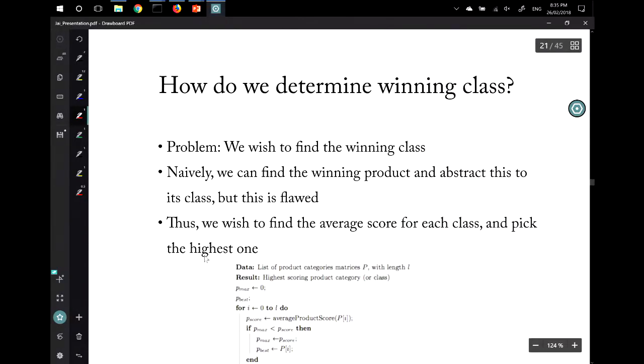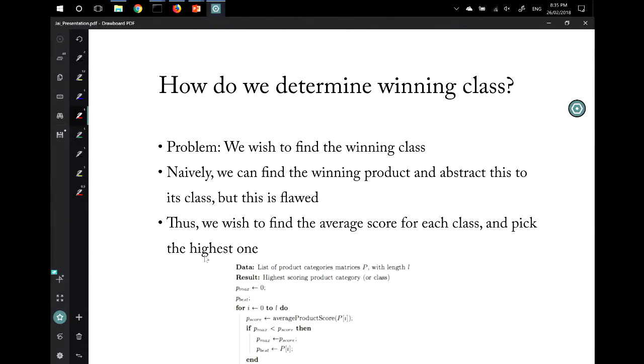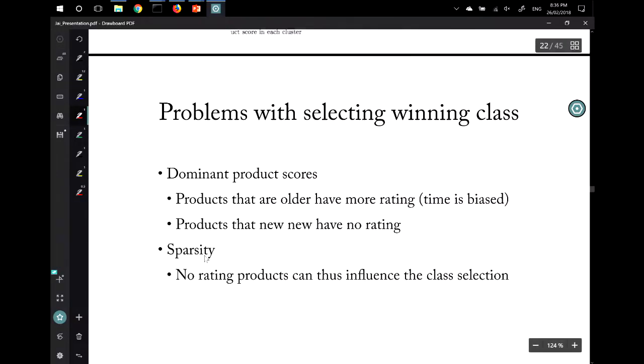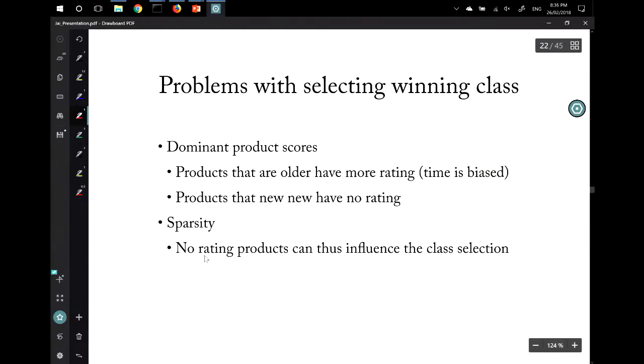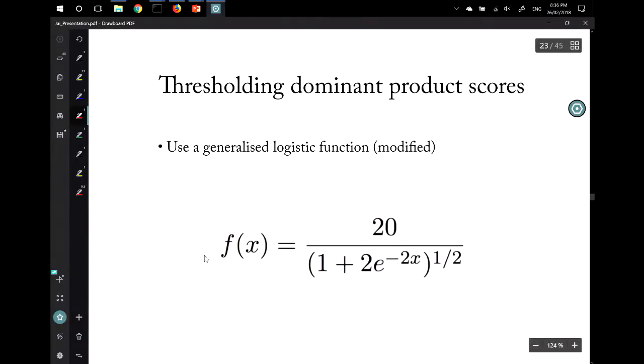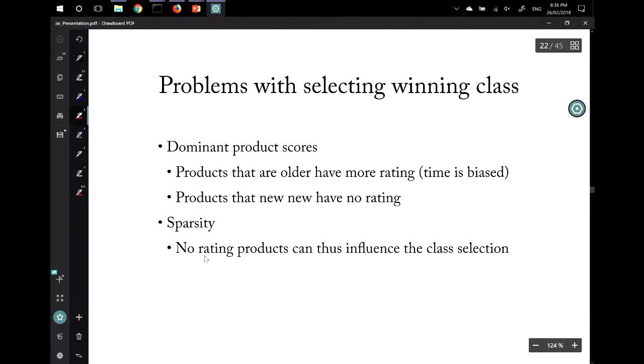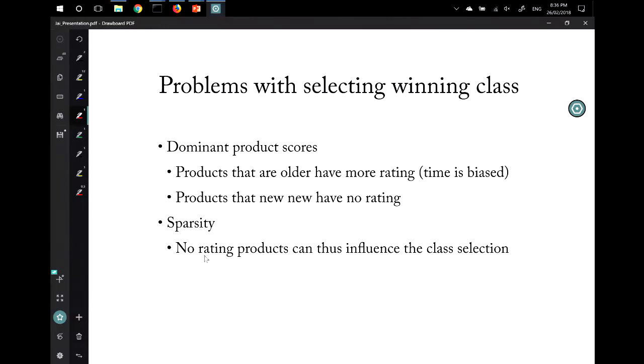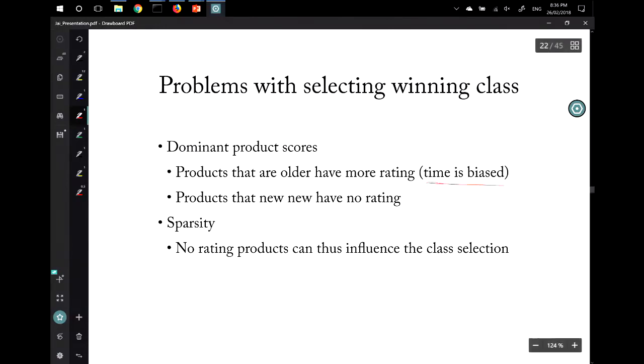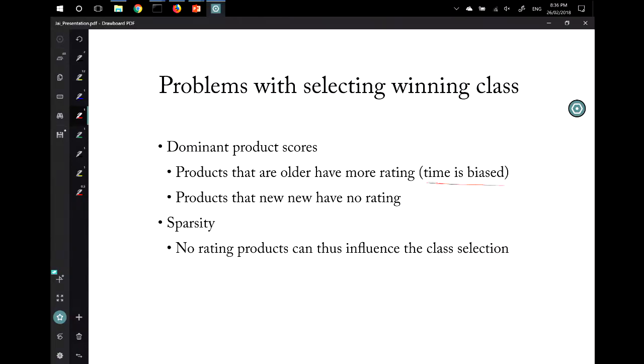So they also tried different kinds of prediction algorithms. One of the problems is that, as they said, time is biased because all the new products do not have enough purchases or recommendations. So they need to deal with the bias problem.